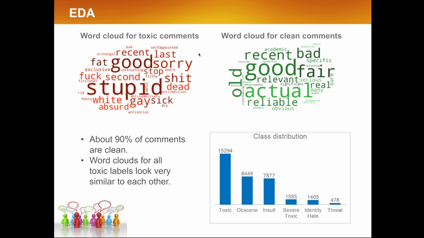So we need a model that takes into account that a word can be used in a good context and a toxic context. Furthermore, the dataset's class distribution was fairly skewed because we got a lot of toxic comments and very few threat comments. So let's dive forward to find out about the baseline.